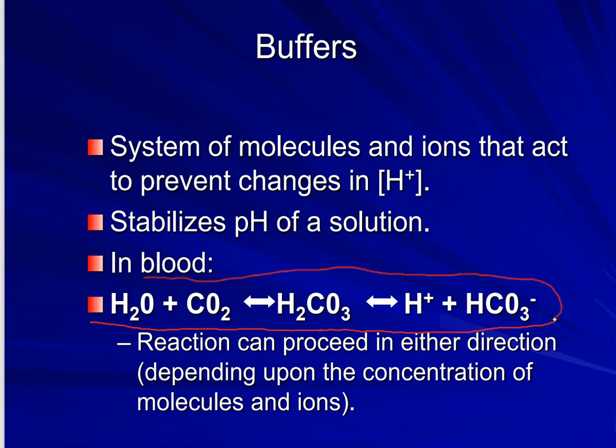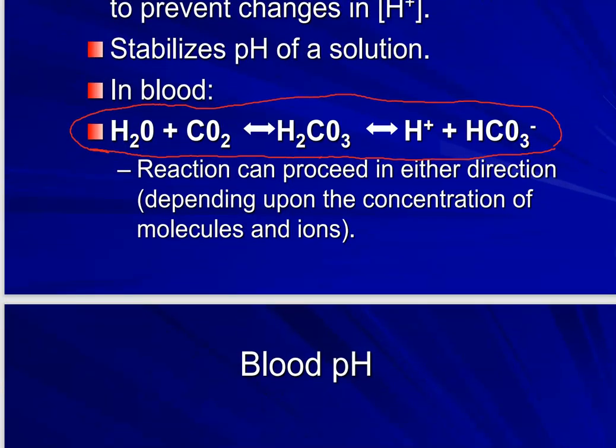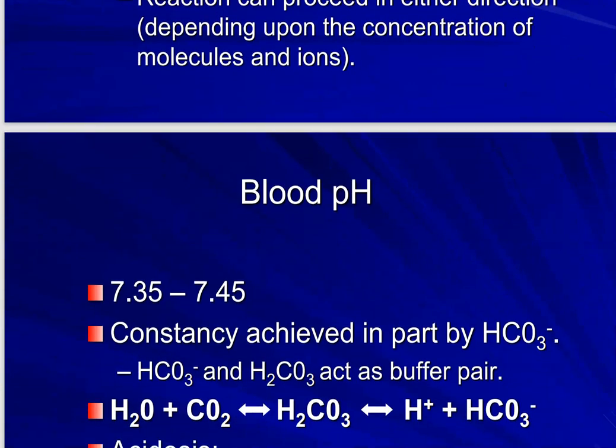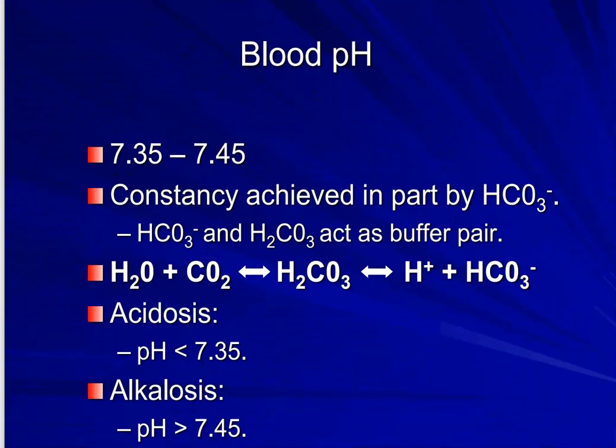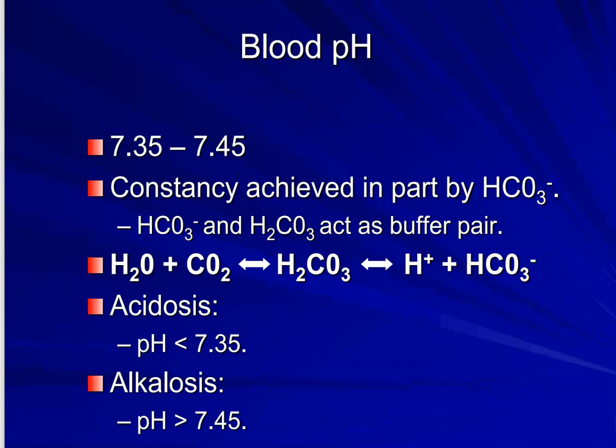This is a very important equation because this is how you keep your blood pH in homeostasis. Now, the blood pH is very, very narrowly regulated and can only fluctuate between 7.35 and 7.45.